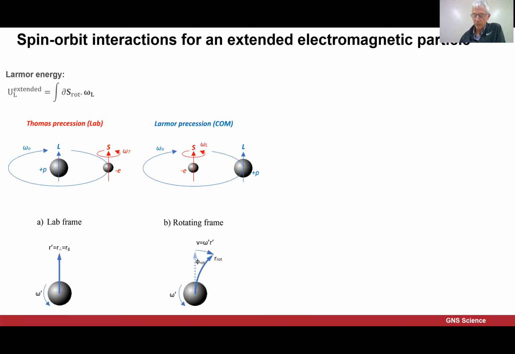In the rotating frame of reference, the electric fields take on a curved, circular trajectory, and they extend as far as a certain radius, where the tangential velocity approaches the speed of light, and the maximum radius is given by the speed of light divided by the angular velocity.